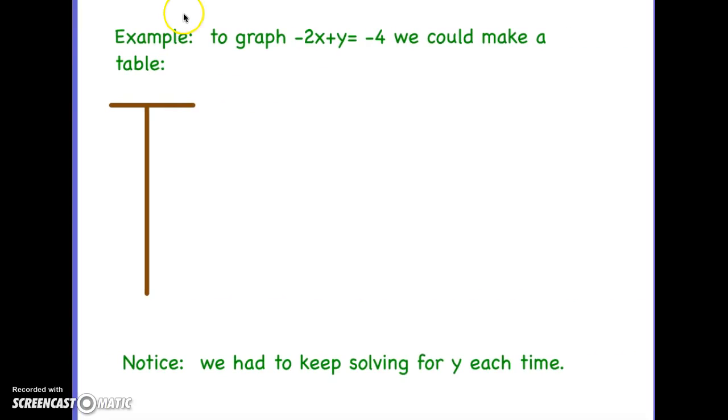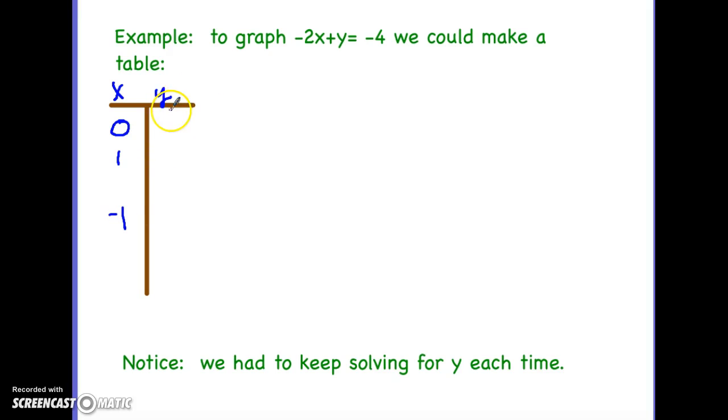To graph -2x plus y equals -4, that means we're looking for all the values of x and y that would give us a true statement. So we can make a table or a chart, and we can put in some values for x and some values for y, and we'll pick some nice x values to use. Maybe we'll use 0, 1, and -1.